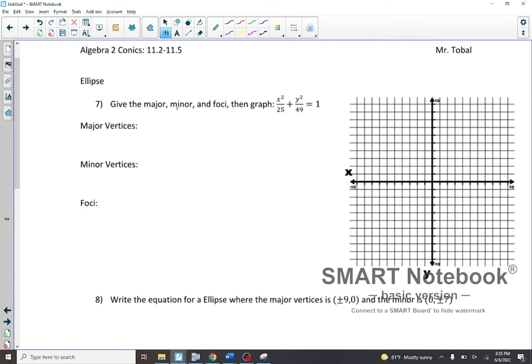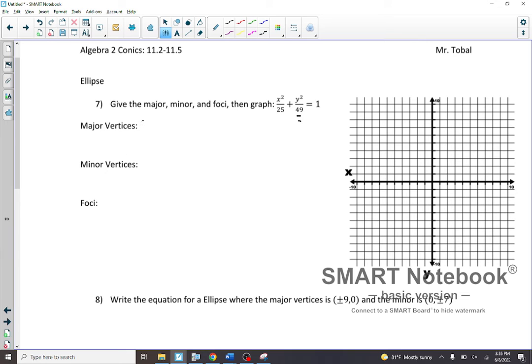For this one, give the major and minor vertices and the foci of this ellipse. So x squared over 25 plus y squared over 49 equals 1. For the major vertices, it's based on the bigger one. In this case, it is y.